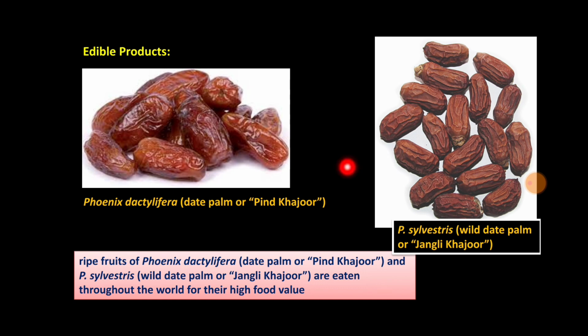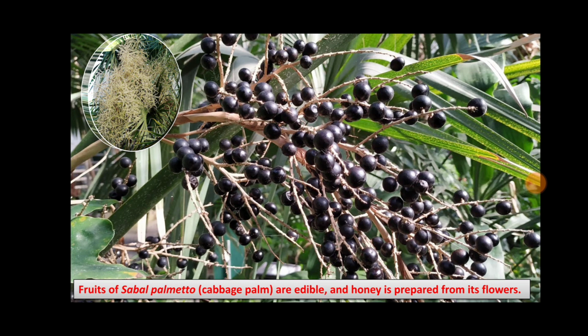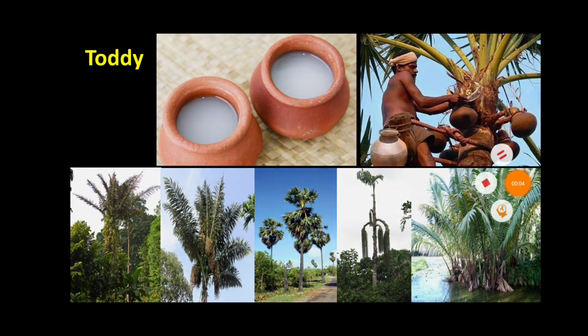Then the ripe fruits of Phoenix dactylifera, date palm or pind khajur, and the Phoenix sylvestris, wild date palm or jungli khajur, are eaten throughout the world for their high food value. Fruits of Sabal palmetto, cabbage palm, are edible and honey is prepared from its flowers. Toddy.